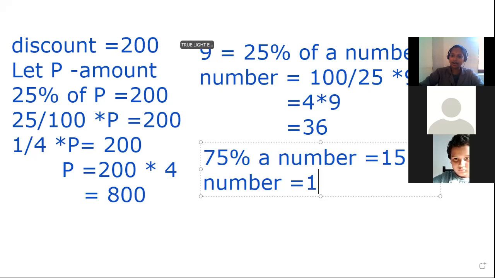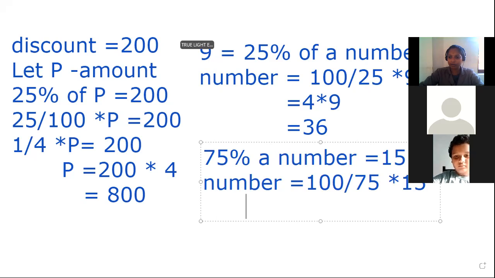That's why 100 divided by 75 into 15. 100 divided by 75 can be simplified as? How will you simplify it? It can be written as 4 by 3.